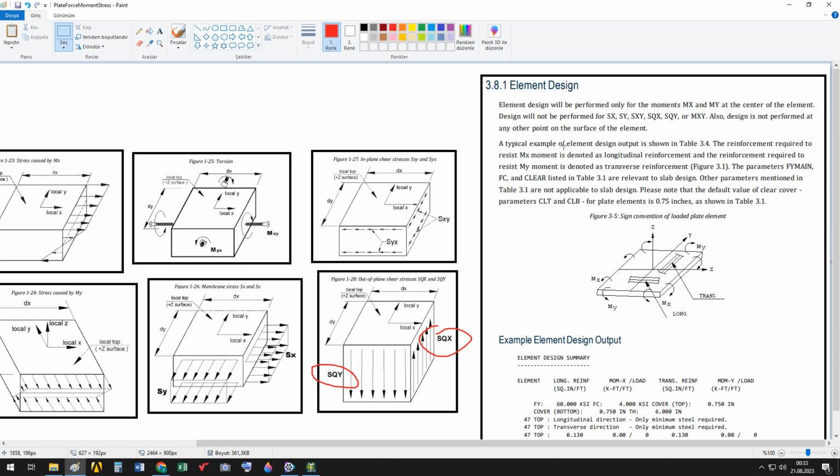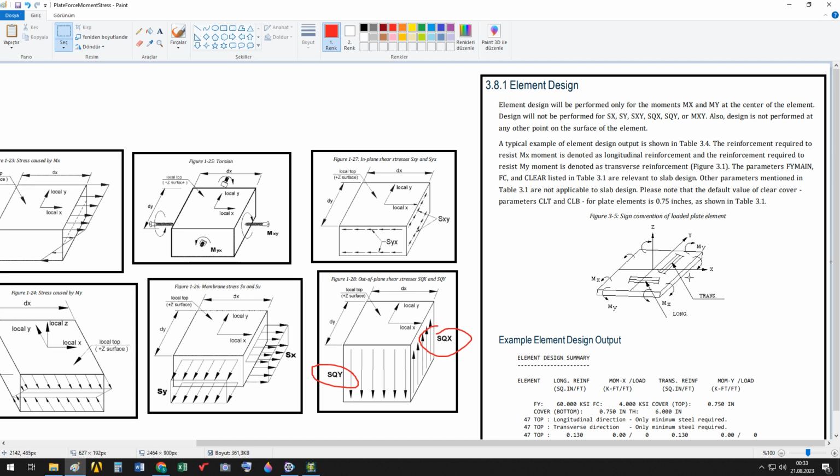Also, design is not performed at any other points on the surface of the element. Design is performed only according to the values of mx and my at the center point, the centroid, of the plate element. A typical example of element design output is shown in this table. The reinforcement required to resist mx moment is denoted as longitudinal reinforcement, and the reinforcement required to resist my moment is denoted as transverse reinforcement.